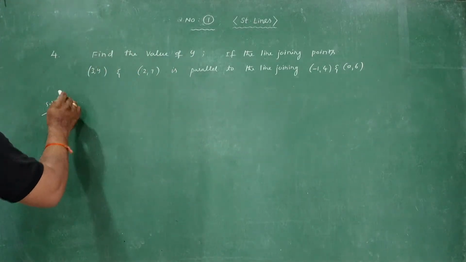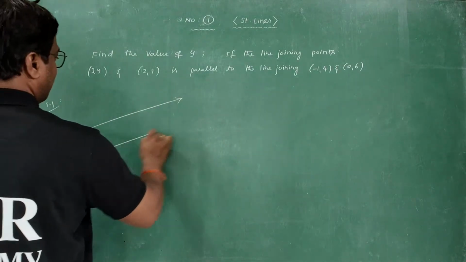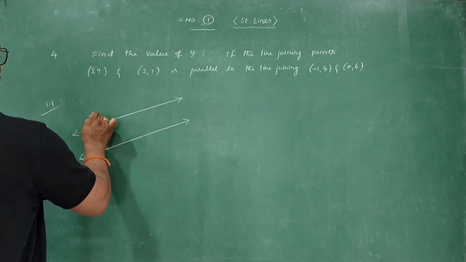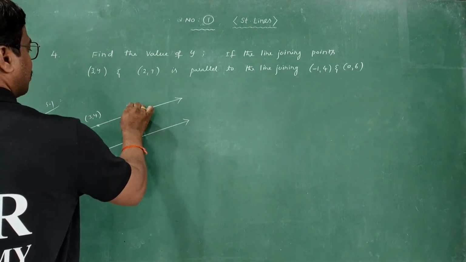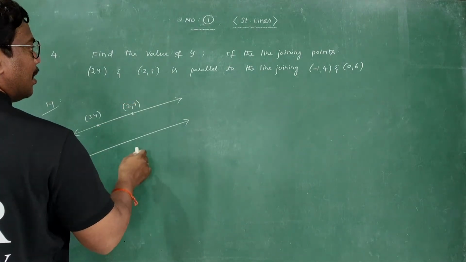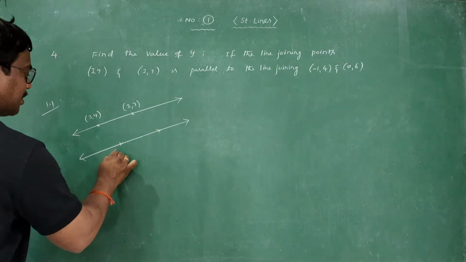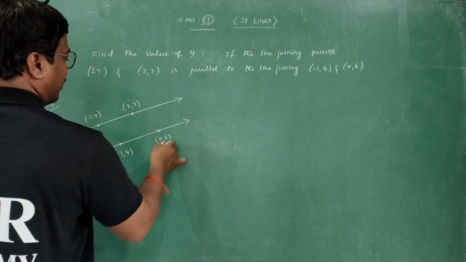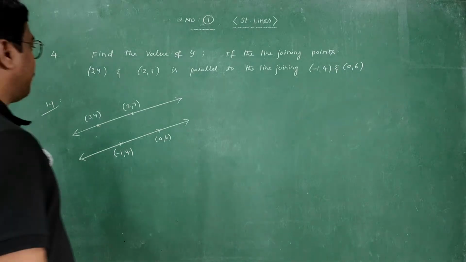I am going to write the solution. Given in the question there are parallel lines. One is passing through 3, y, 2, 7, and the second line which is passing through the points -1, 4, 0 comma 6. Yes, this is the figure from the question.